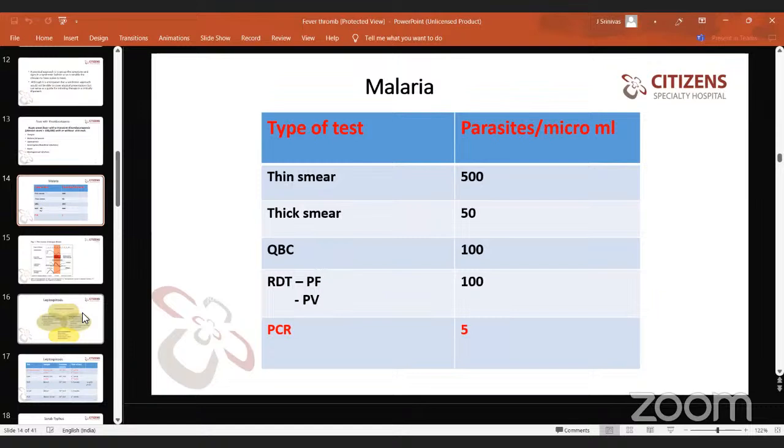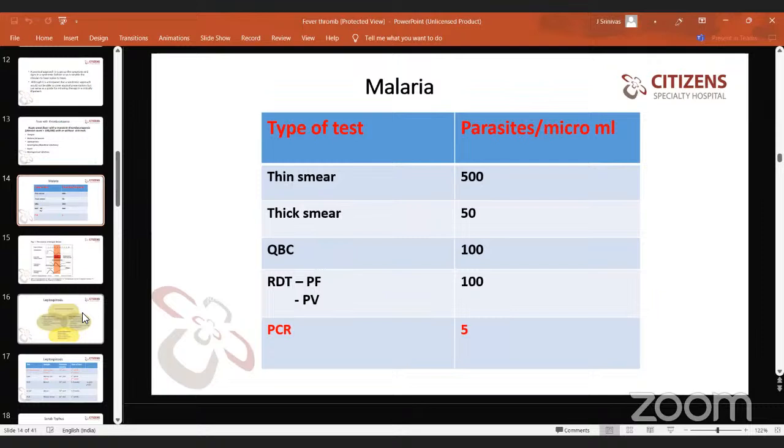Dengue, how will you diagnose? What tests do we do for dengue? Sir, NS1, IgG and next is PCR, sir. We also do IgM, right? Yes, sir, IgM, sir.